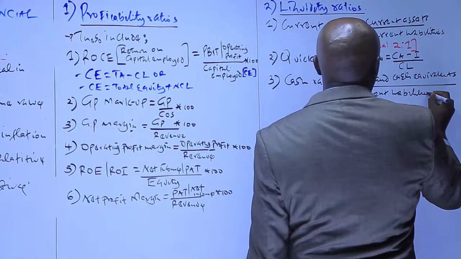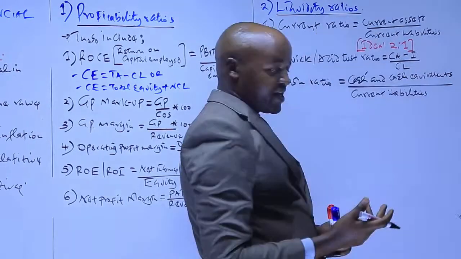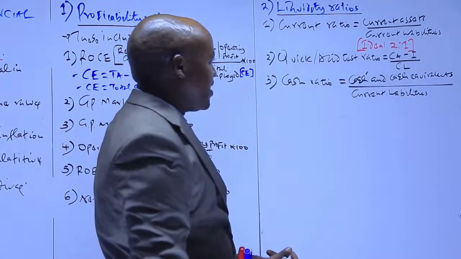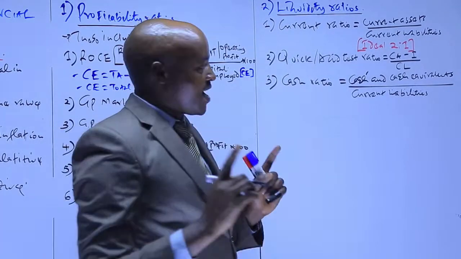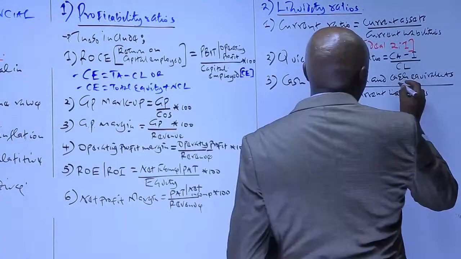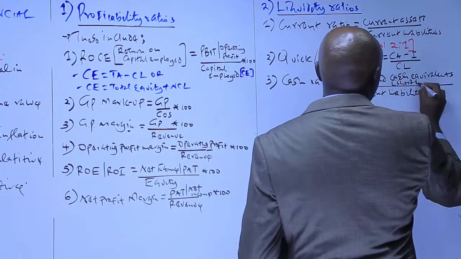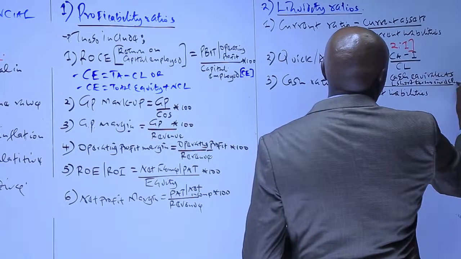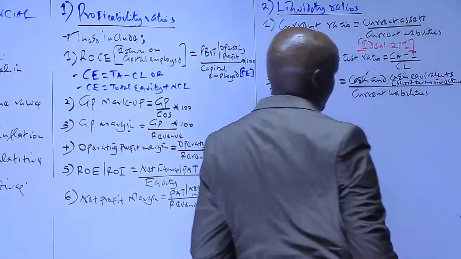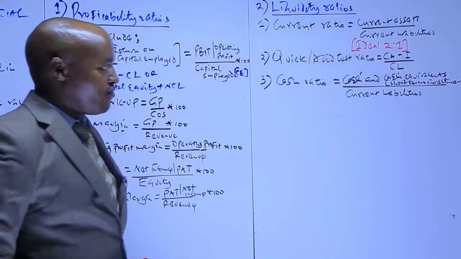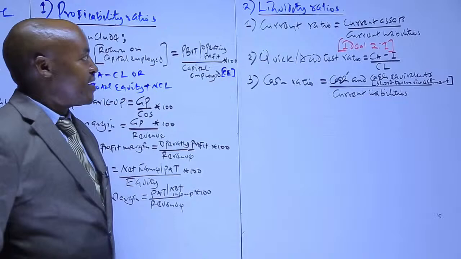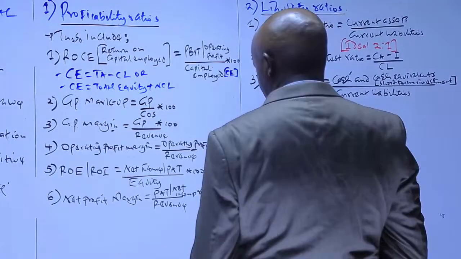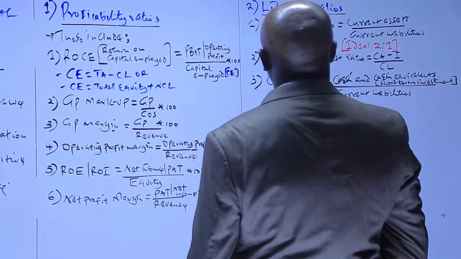When we talk about cash here, we are talking of cash in hand, cash at bank, and then cash equivalents. These are short-term investments by the company, which in the statement of financial position are part of the current assets. So you have those as the various liquidity ratios.